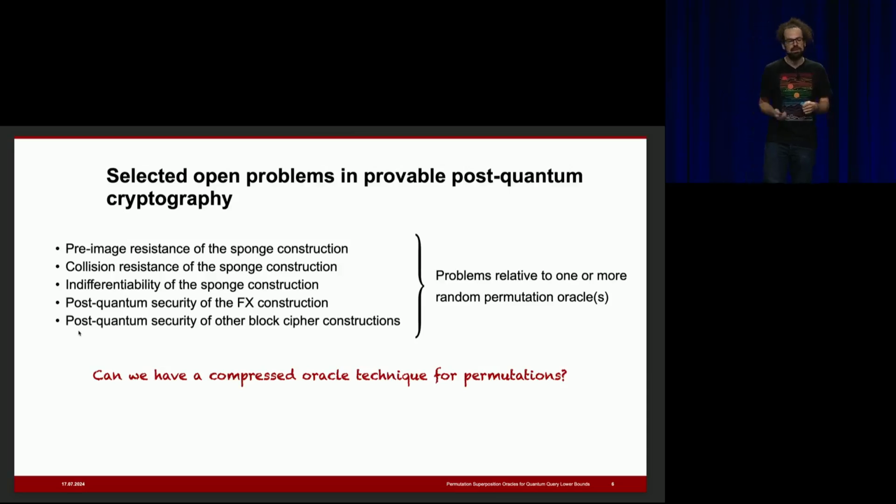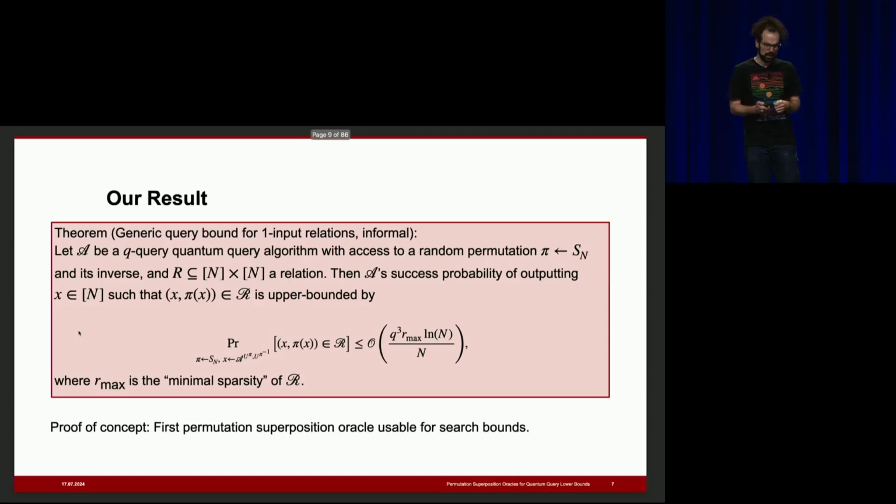This brings me to our results. We construct the first superposition oracle or compressed oracle for random permutations that can be used for proving bounds on the success probability of query algorithms that try to perform some search task. So here's the generic query bound theorem.